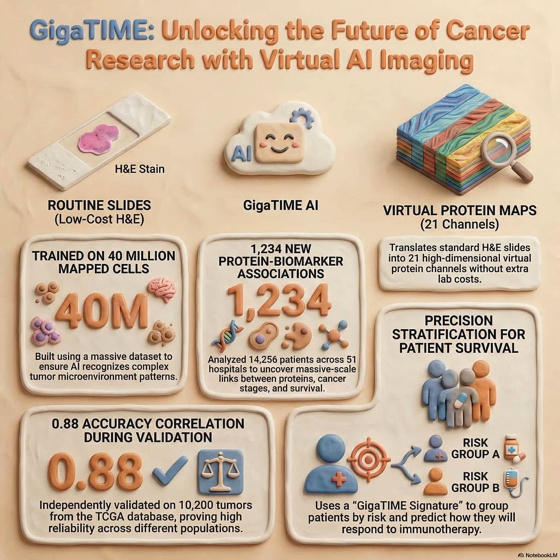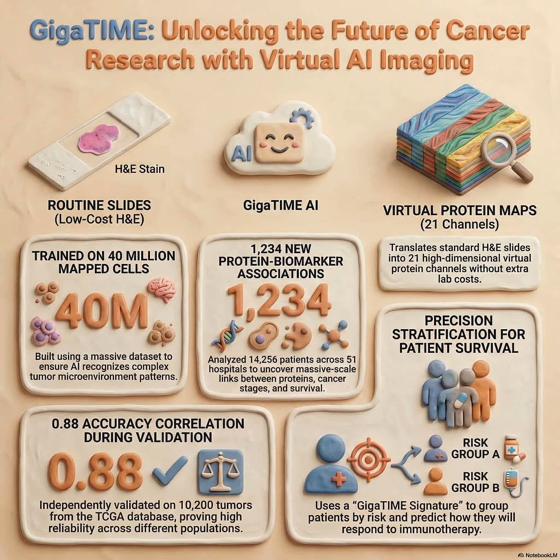Wait, hold on. If we are using AI to effectively guess or generate a 21-channel image from a basic stain, how do doctors know they aren't looking at a mirage? That is such a good question. Because in medicine, an AI hallucination could easily lead to the wrong chemo treatment for a patient. Right, and that is the exact right concern to have when introducing AI to healthcare.